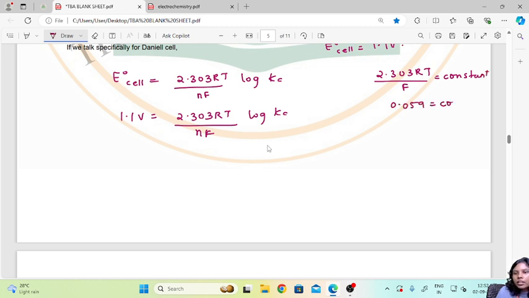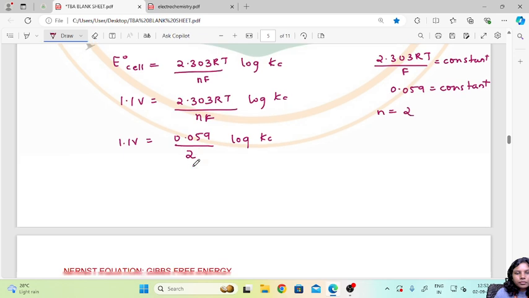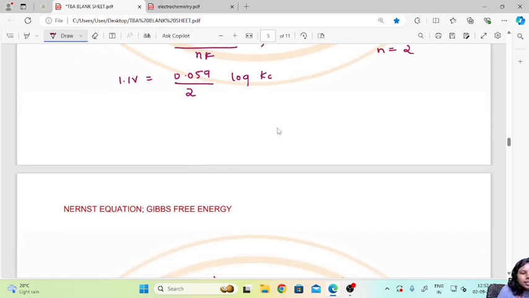0.059. So this is the constant value, and we can directly substitute it over here. So 1.1 volt equals 0.059 upon n, where n is the give and take of electrons that is happening, which is 2. So we'll have 2 log of Kc. If I take this to the other side, 1.1 into 2 upon 0.059 will be equal to log of Kc.